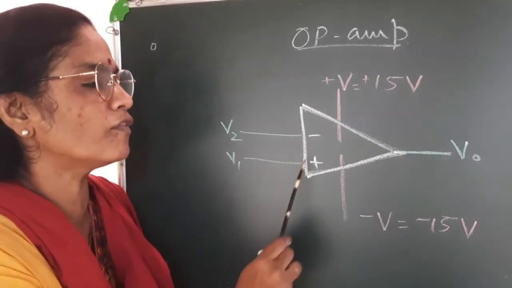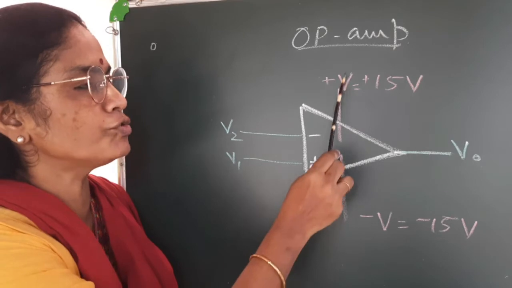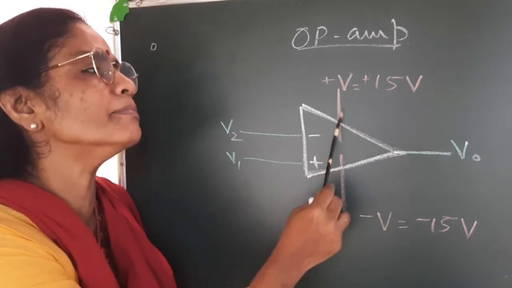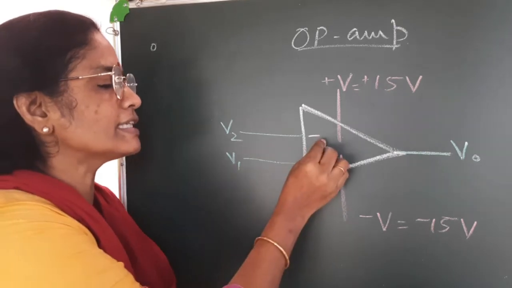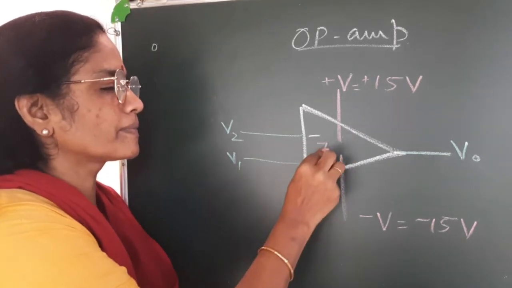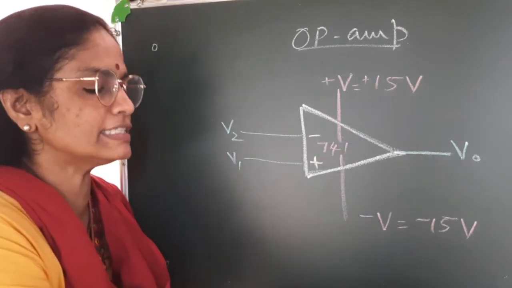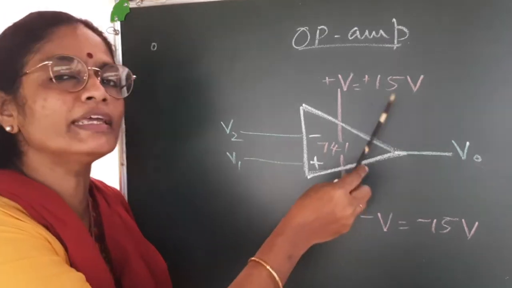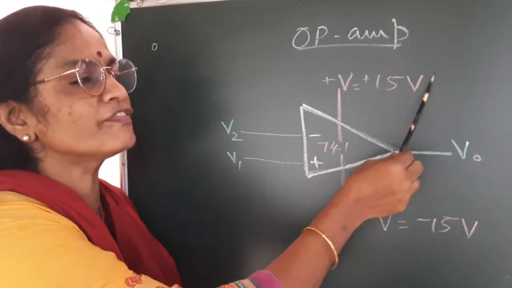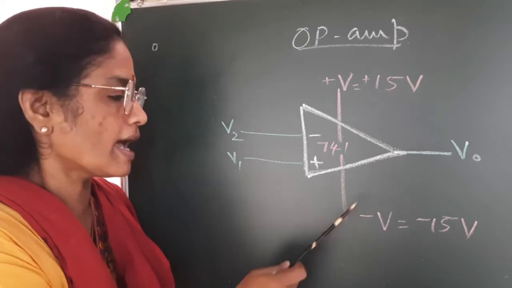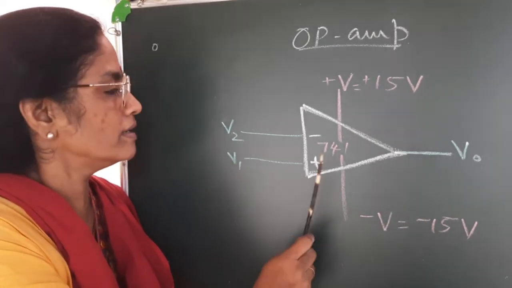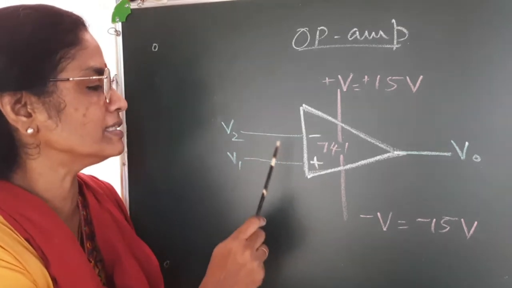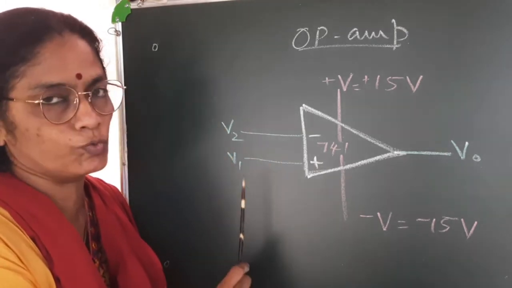Coming to the symbol of op-amp, this is a symbol of op-amp. There should be a plus VCC biasing. If this is IC741, then we will give a plus 15 volt VCC and minus 15 volt VEE. The two input terminals are V1 and V2.